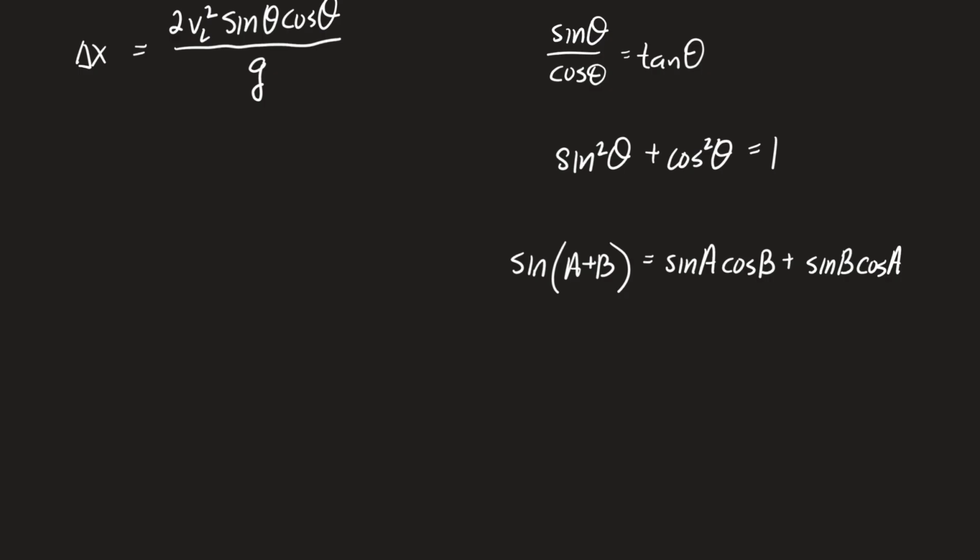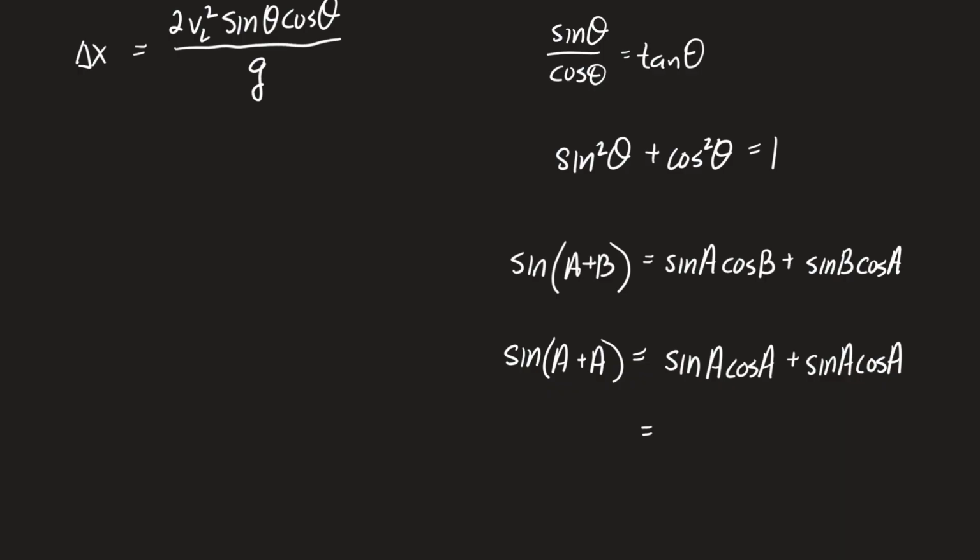Now, the interesting thing that happens here is if you change this to sine of A plus A, because this part looks very silly, right? Because all of it's A now, and those two terms are the same.